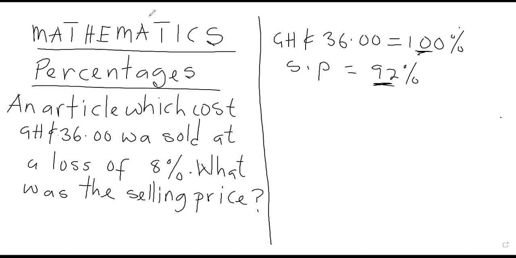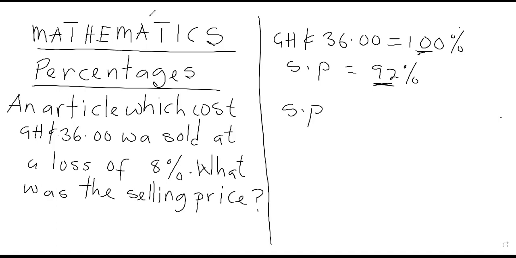You realize that 100% will give us more and 92% will give us less. And the quantity that we are solving for, the selling price, will give us less because this is under loss.